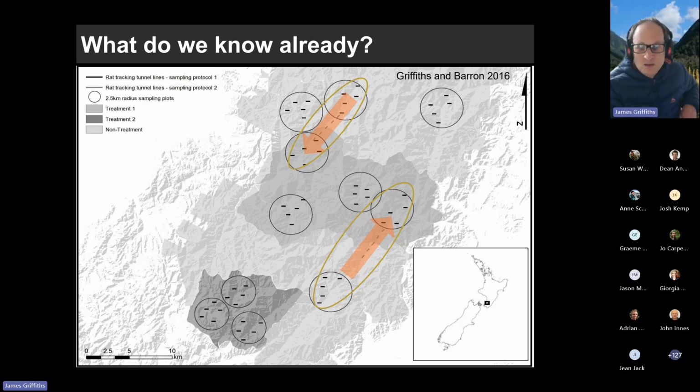This approach probably worked in our instance because both our transects ran up valley floors. There were no major obstacles of note between tracking tunnels on the outside and the inside, and so in this instance a straight line or Euclidean distance worked pretty well.